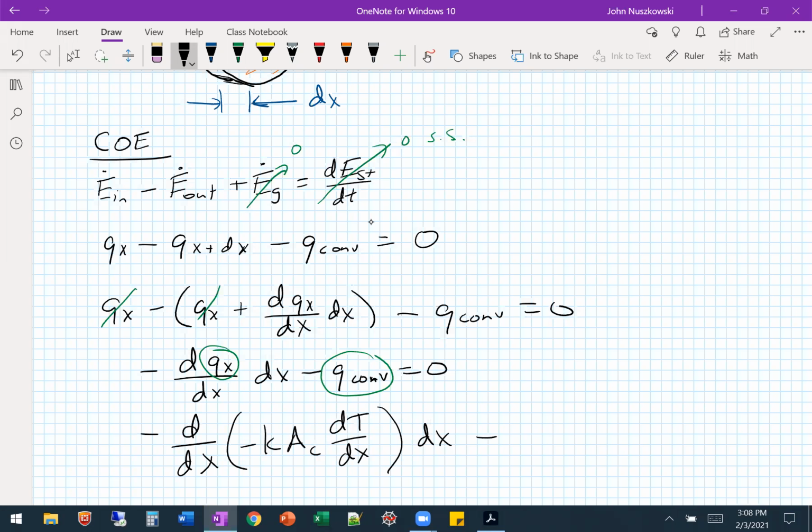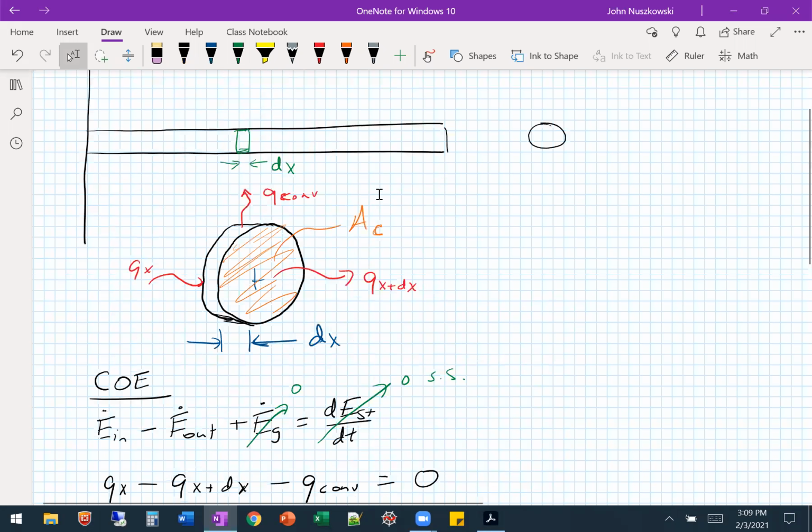And then Newton's law of cooling, again, we have to have the area, but what's the area for convection? Surface area. It's the outside surface, right?